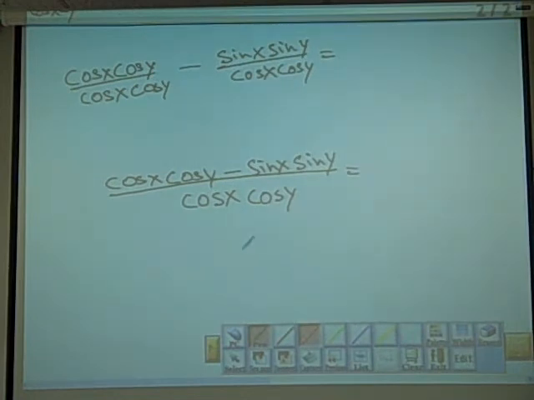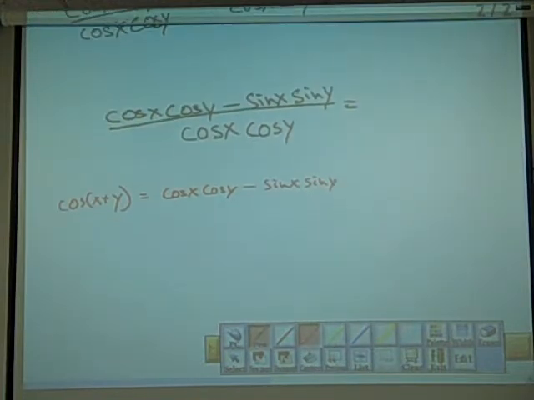Because if you look at cosine x plus y, that's cosine x cosine y minus sine x sine y.